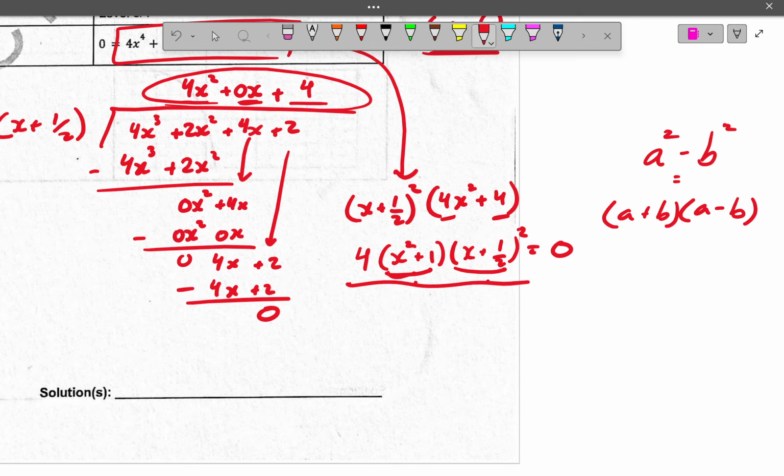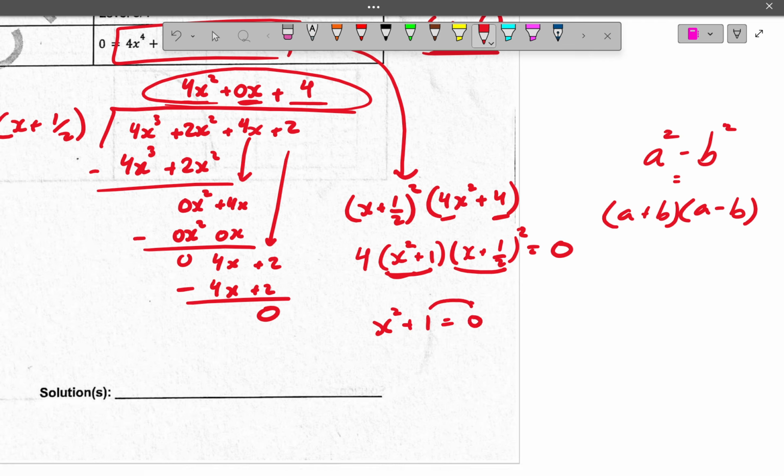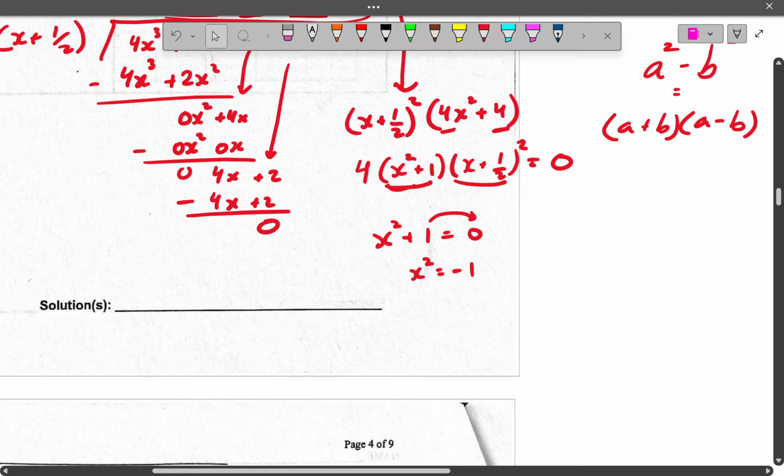And if you try the first one, you'll see that's impossible, because you have x squared plus 1. If you try and let that equal 0, you can move this to the other side, and you'll have x squared equals negative 1. And if you try to do the square root of negative 1, you're going to get an error. So this is impossible.